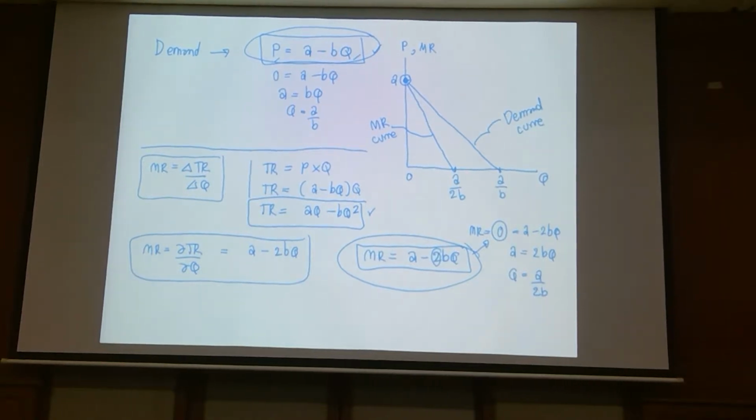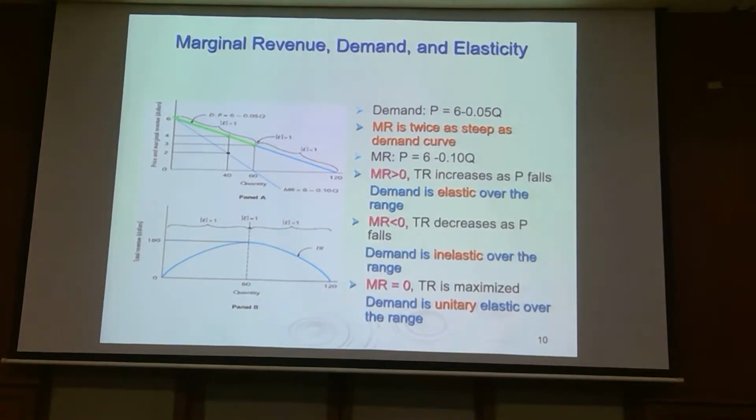Okay, so let's see on the slide. Remember this equation that we get. Here is the demand equation, and you see the equation is the same: P equals A minus BQ. So here is our B, the slope of the demand curve.